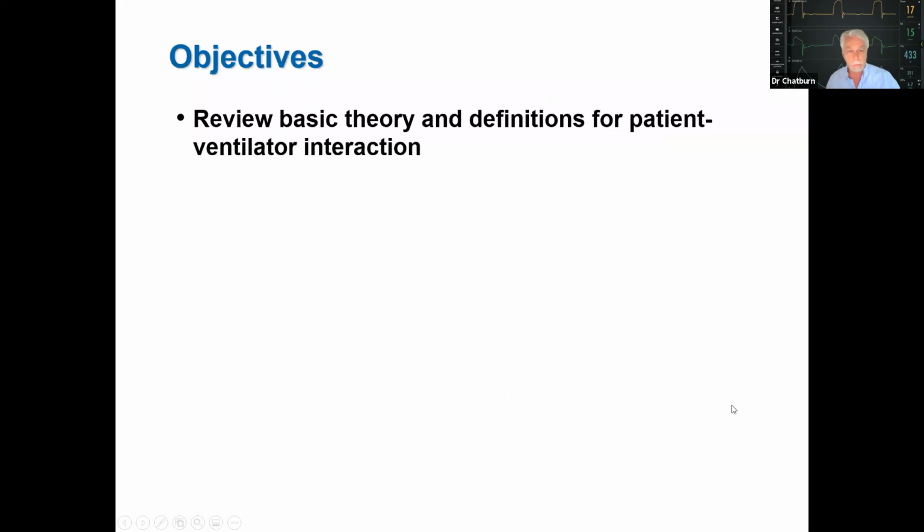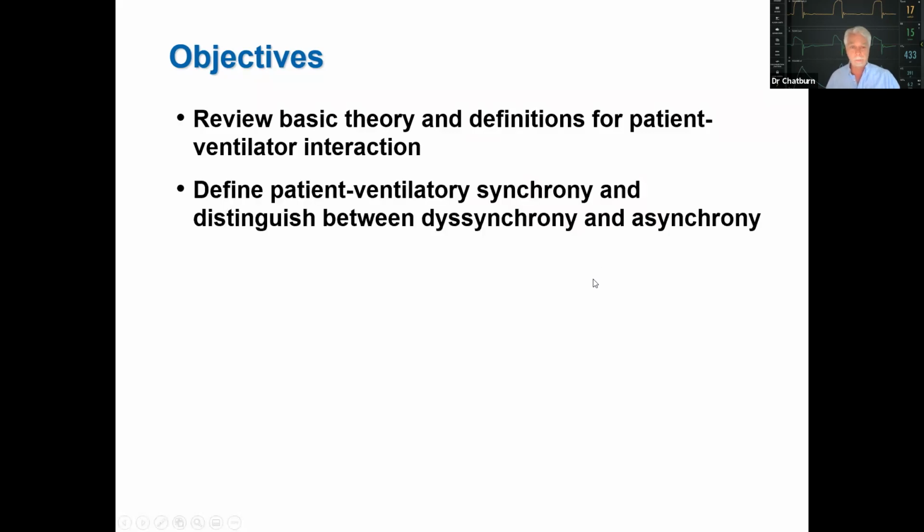What are the objectives today for this talk? First of all, I want to talk about the basic theory and definitions for patient ventilator interaction. We'll touch upon prior work I've done in terms of a classification or taxonomy for modes of ventilation based on how the ventilator interacts with the patient, because a natural extension of that work is going to be a taxonomy for patient ventilator interactions.